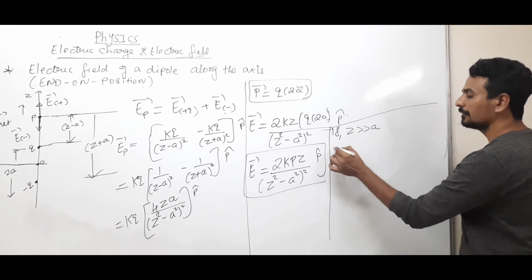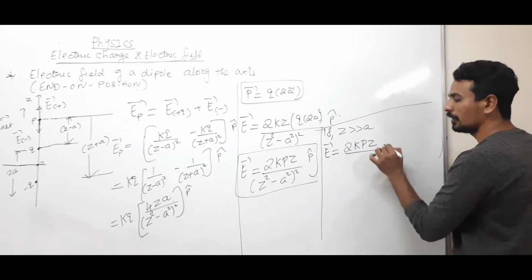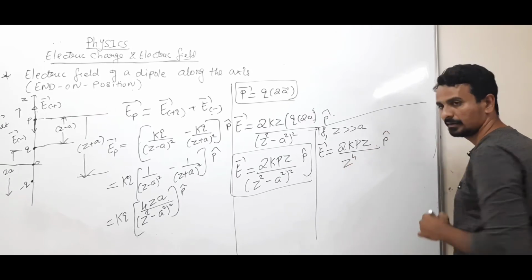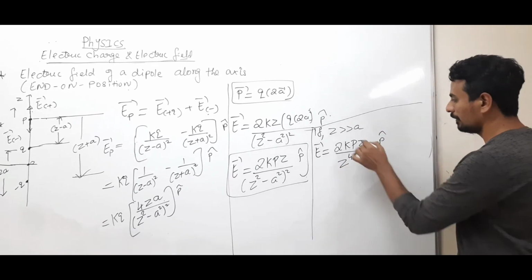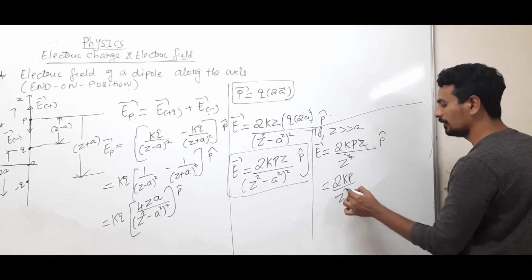So neglecting a, we will have electric field as 2kpz upon z raised to 4 p caret. Clear? So this will be q, so electric field will be 2kp by z cube.